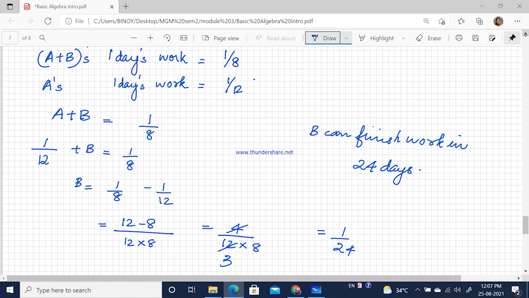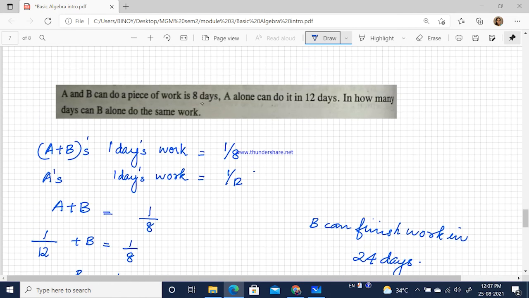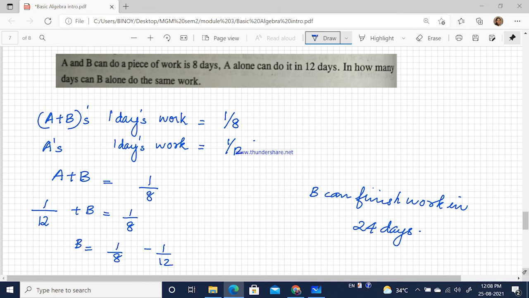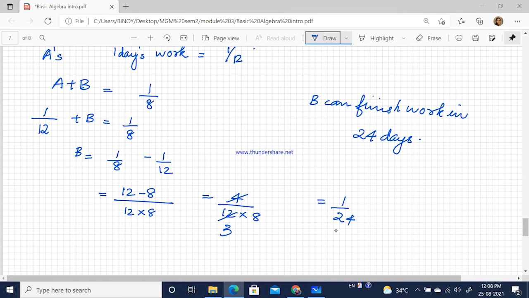So in this question it was given that A and B can do the work in 8 days, so A and B's 1 day's work is 1 by 8. A alone can do 1 by 12. So what is the value of B? It is 1 by 8 minus 1 by 12. So you got the answer as 1 by 24. So B can finish the work in 24 days.